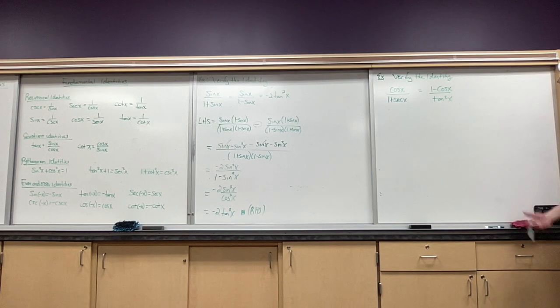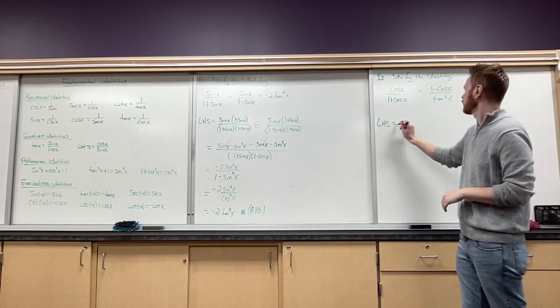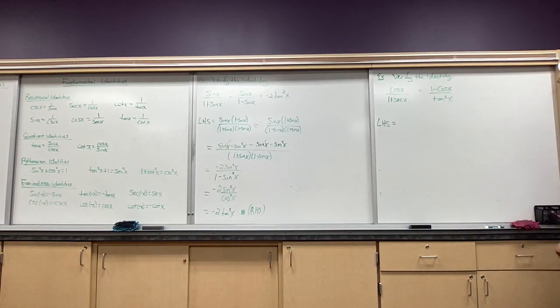Left or right? Honestly, in this case, it doesn't really matter. They're both something I can work with. We've been doing left-hand side. We're just going to continue doing the left-hand side. So this one doesn't quite matter, but again, we'll just choose that side there.